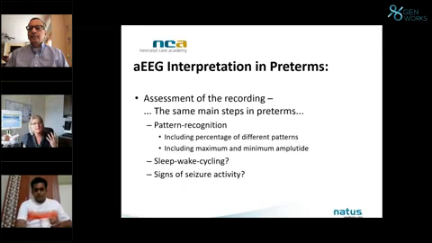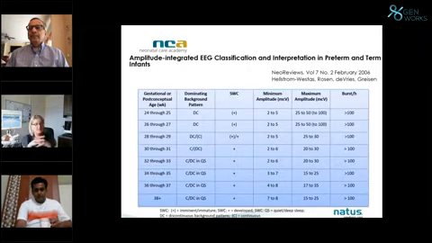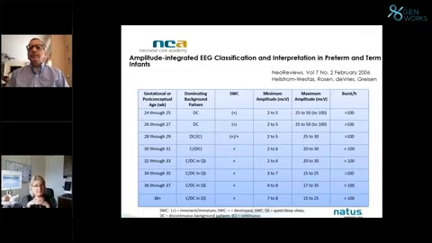The evidence behind the background patterns in the preterm infant really comes originally from the work done by Professor Lena Hellstrom-Westas and her colleagues, a superb paper that was published in NeoReviews back in 2006. Here, as you can see on this table, they looked at infants at different gestational ages, and they looked at the dominating background pattern, whether there was sleep-wake cycling and if that was imminent or immature, or whether it was developed.